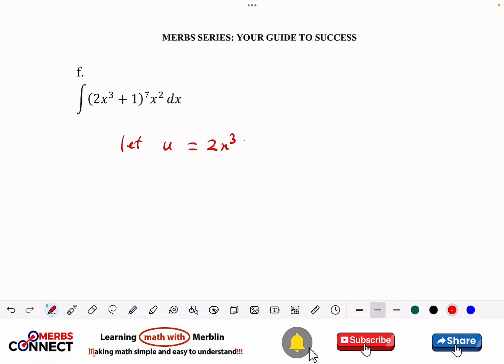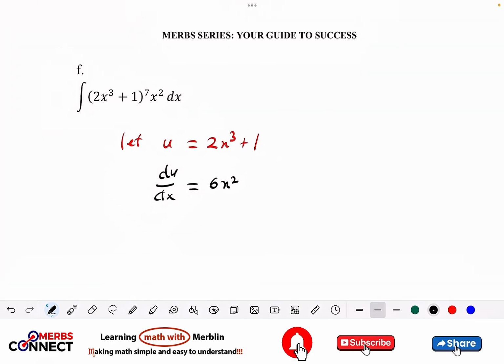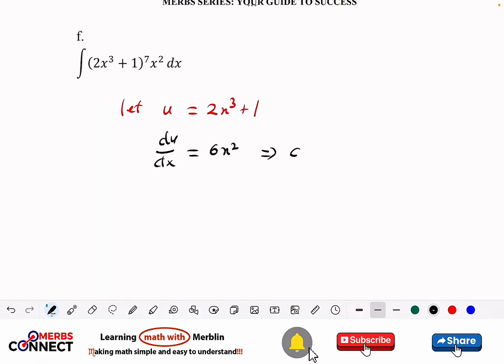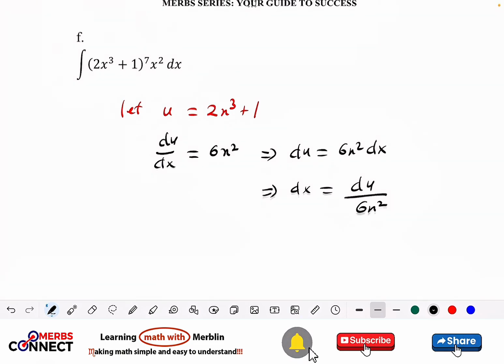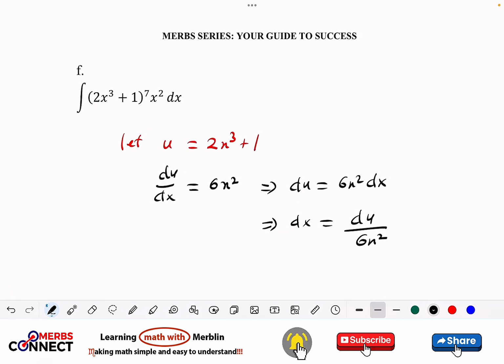And the idea is that anytime I pick the one with the highest degree, when I differentiate it, I get the one with the lowest degree. So du over dx is going to give us 6x squared, right? And this implies that du is equal to 6x squared dx, and this implies that dx is equal to du over 6x squared.